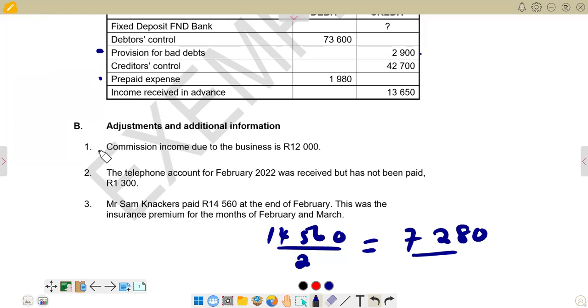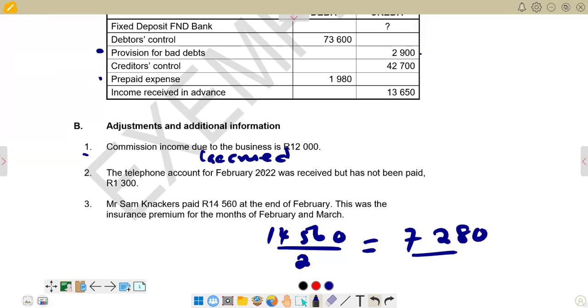If you come to the first item, saying commission income due to the business is 4,000. So this is an accrued income. Whenever it's due, it is also referred to as accrued. A commission income is an income, so this is an example of accrued income that we have.